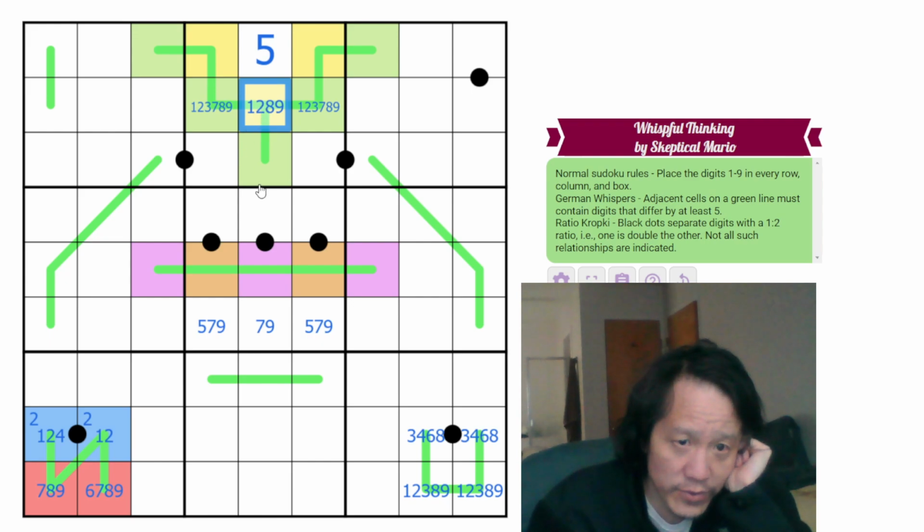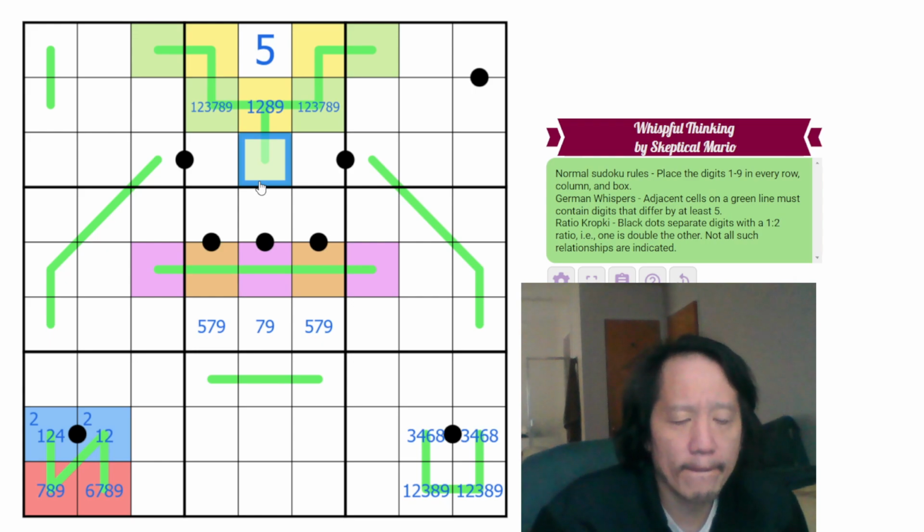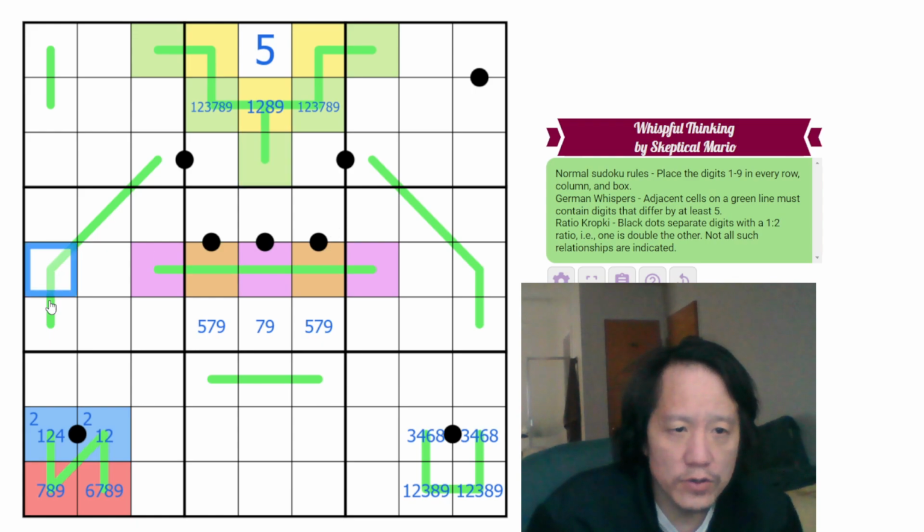And it would have to be with 3 or 4. Right? That seems fine. We know this is one high and one low. This is one high and one low.